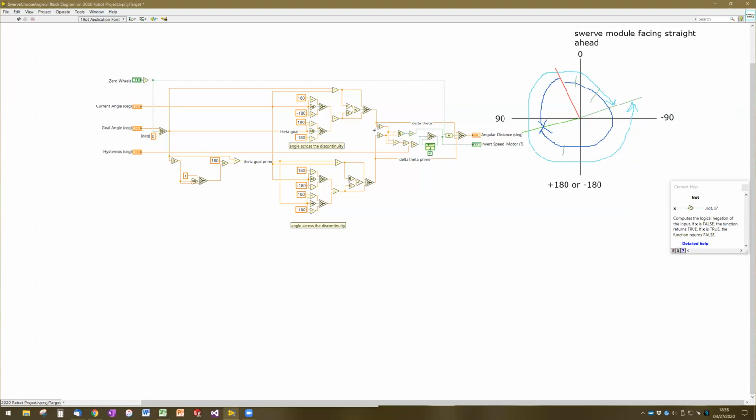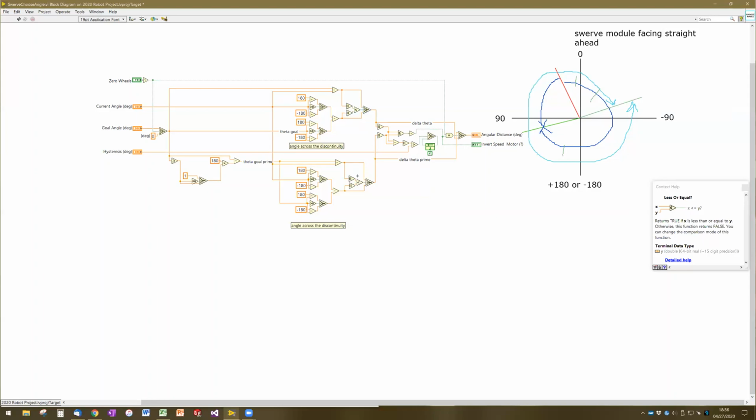With the code written this way, all that we've got going on is doing the absolute values again, and again checking to see which angular distance is smaller, and picking the smallest of those angular distances. So it's identical to these operations here.